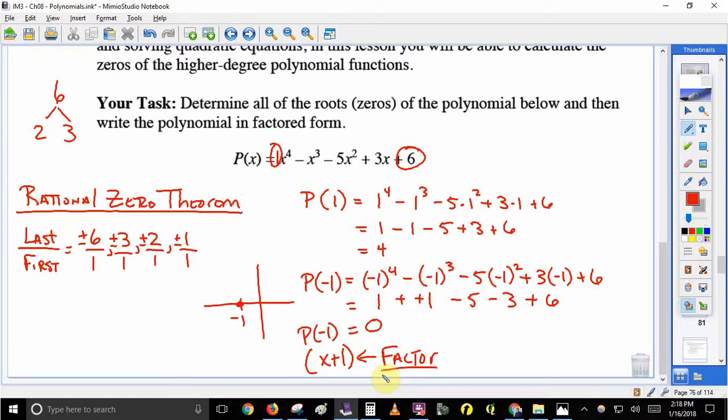I started with the low numbers because they're a little bit easier to do. It narrowed it down, starting with 8 possibilities to one that works. So let's try that out. We're going to use x plus 1 as a factor.